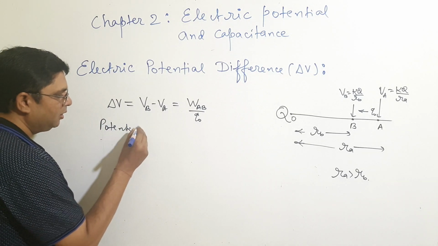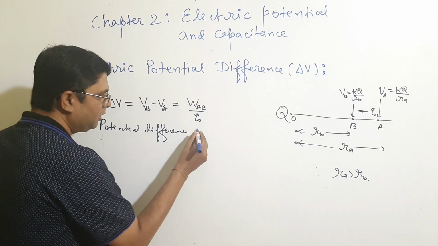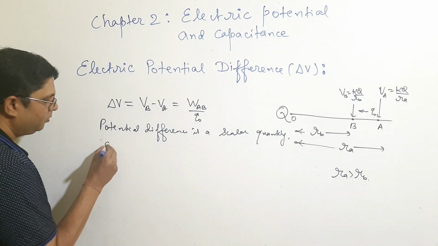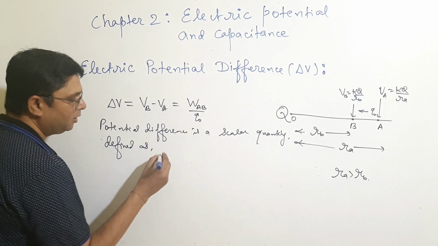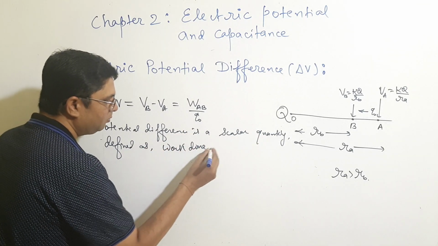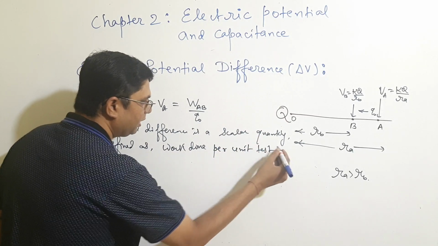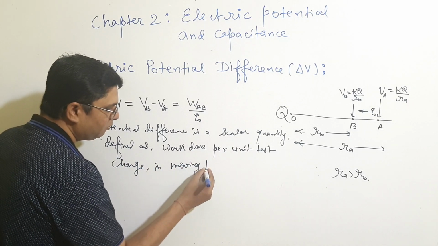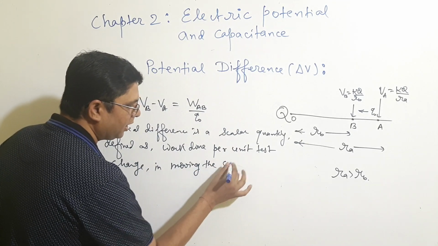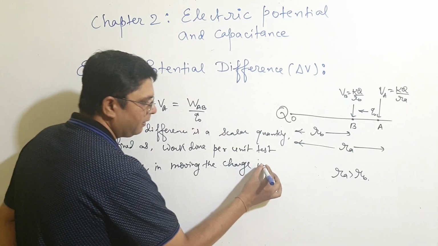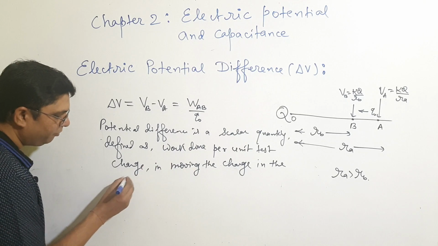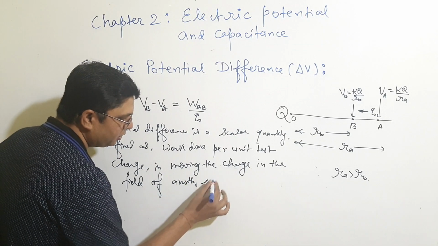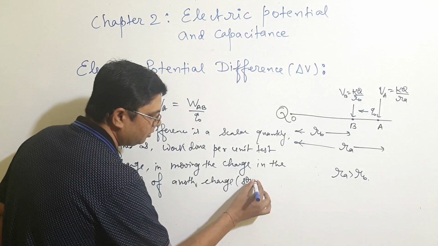Potential difference is a scalar quantity defined as work done per unit test charge in moving the charge in the field of another charge, which is the source charge.